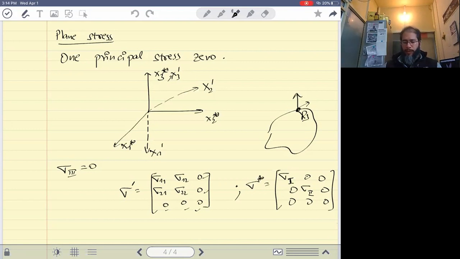Again, if we draw the Mohr circles for this, now let's see if we can do it somewhere here.